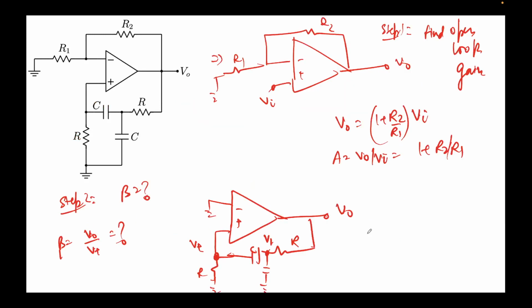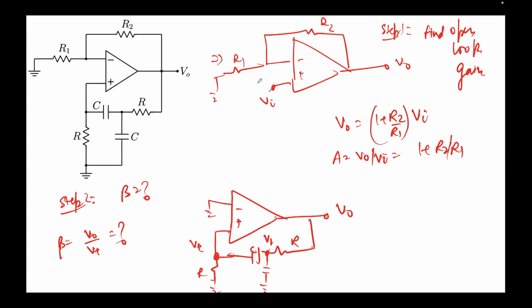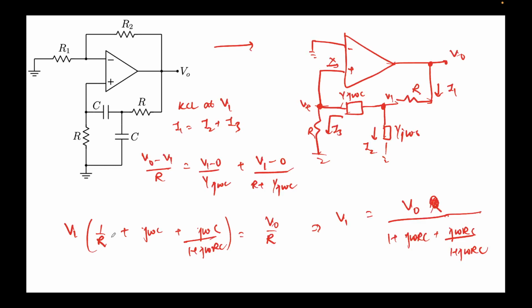How we did it was that we know that A beta should be equal to 1, then only the Barkhausen criteria is satisfied. First we find the open loop gain, because this is a negative feedback non-inverting amplifier which has this gain, so A turns out to be this. Then we find out the expression for beta, and when we evaluate it, did I do it wrong again?